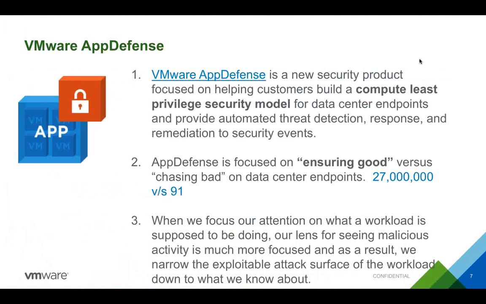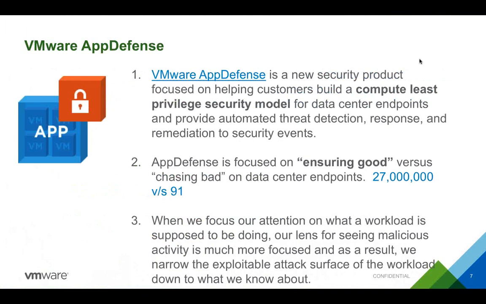So what does App Defense mean in total, right? Folks who are familiar with NSX, the approach of NSX was to align the security controls in the network closer to the application by creating a least privilege model for the networking layer. Taking the concept further, the focus here is creating security controls in the compute layer that can be aligned to the application, by which we can create a least privilege model for the compute layer.